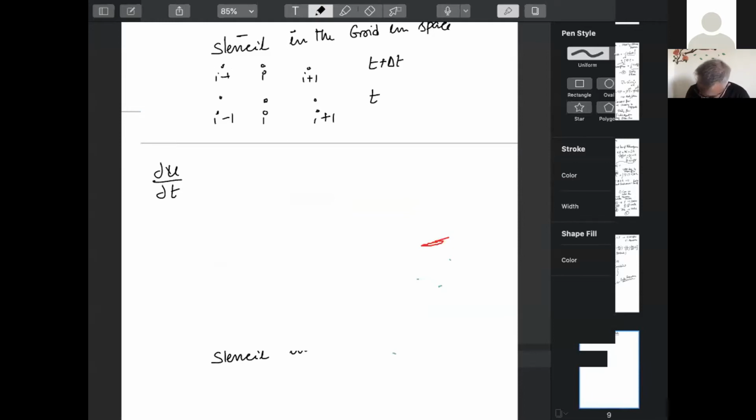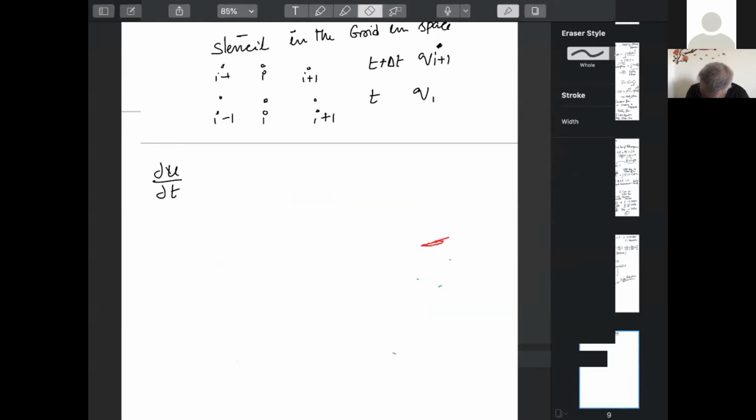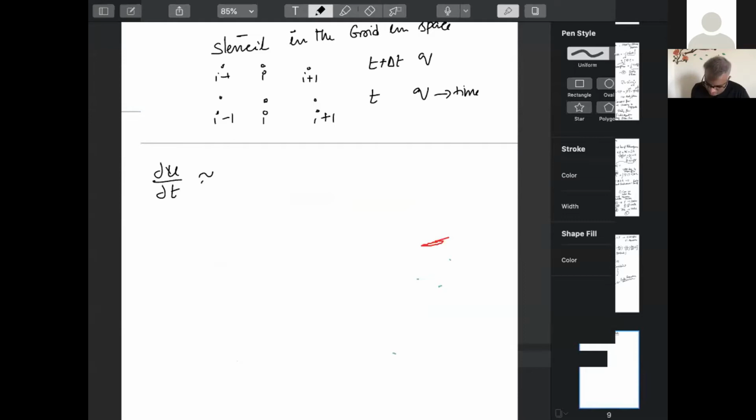So instead of t and t plus Δt, I'll use q and q plus 1, q representing time. So this can be approximated as u_i at q plus 1 minus u_i at q, by Δt. This is my approximation for the time derivative.